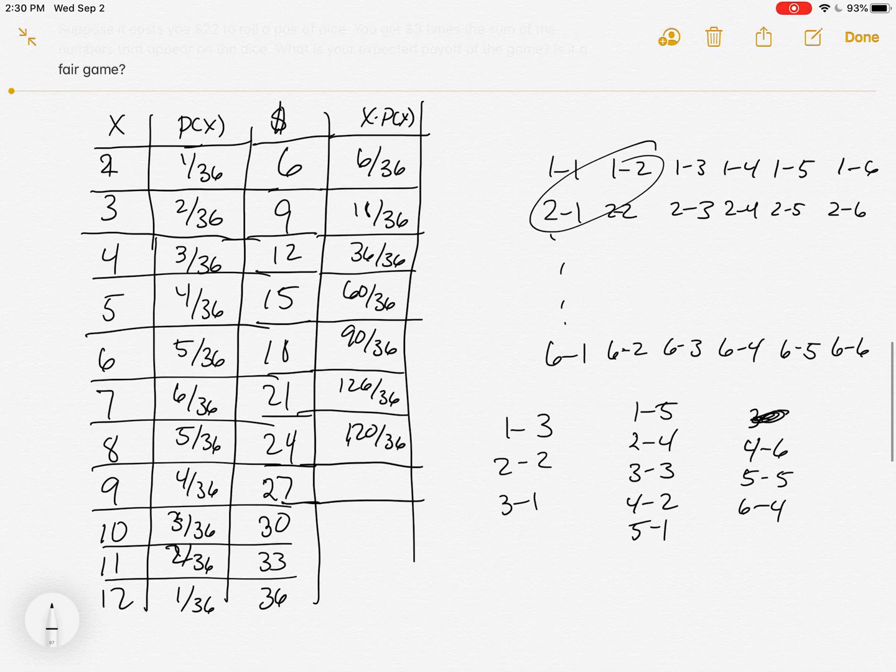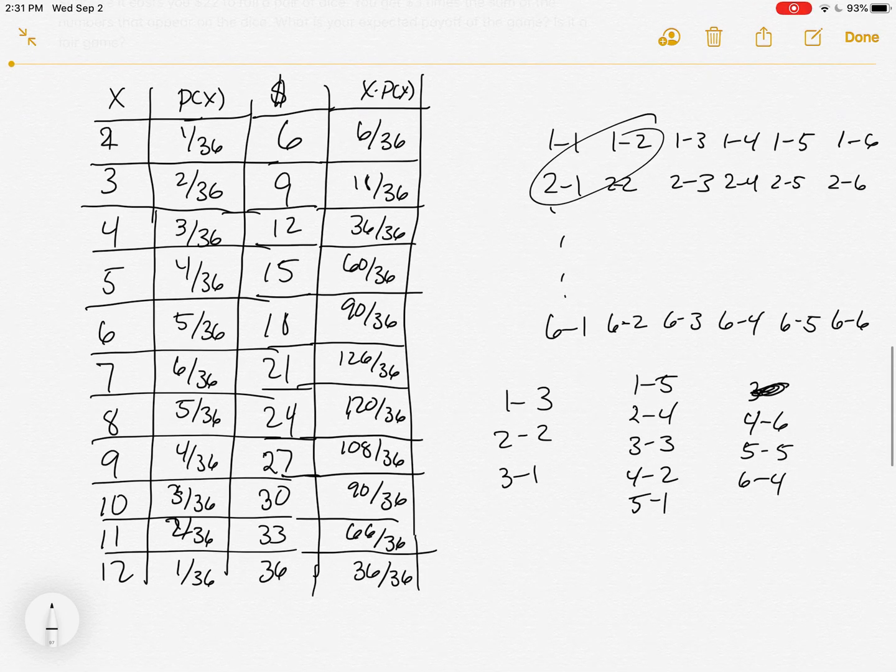And what I meant by do it all together, just drop it in on your calculator and just keep hitting pluses in between. 108 out of 36, 90 out of 36, 66 out of 36, and 36 out of 36 for that last one.